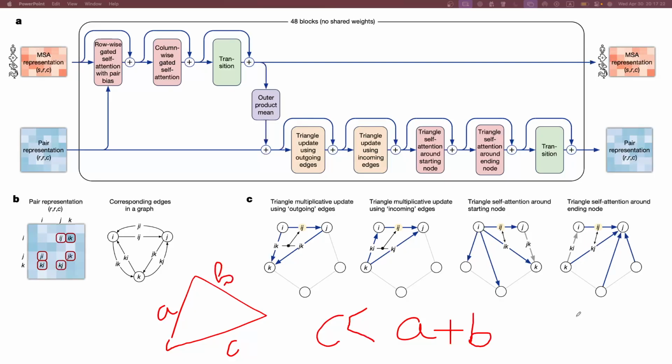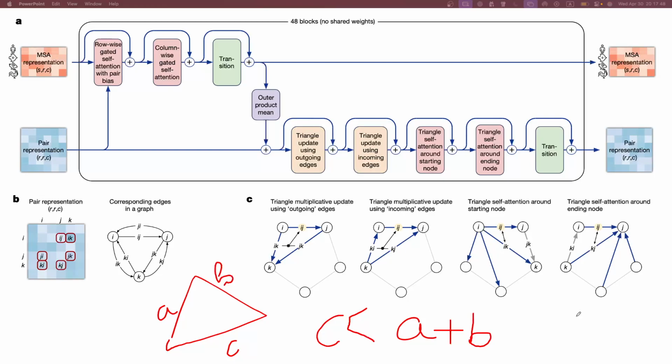So that's why it's important, right? Why this theorem is important is, let's say in our pair representation, I have three random residues, I, J, and K, and I have values for IJ, JI, IK, KI, KJ, and JK, and we can plot these edges in this graph. These are the relations.